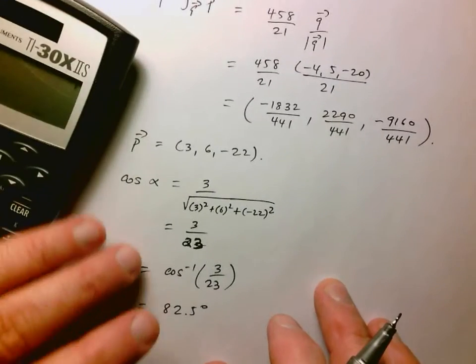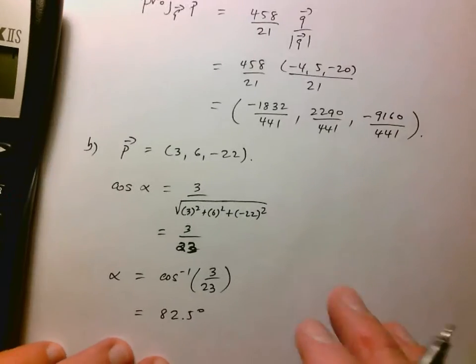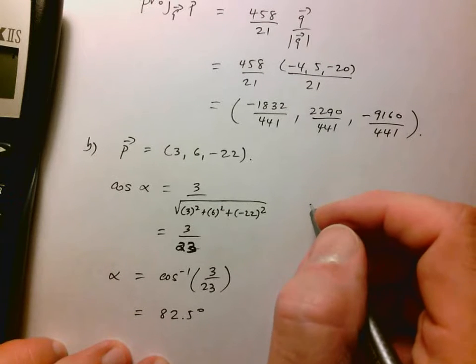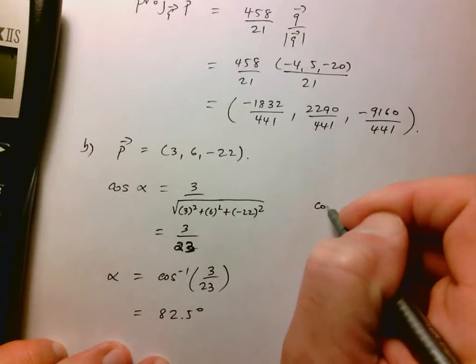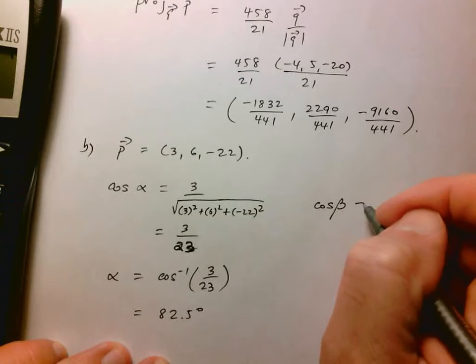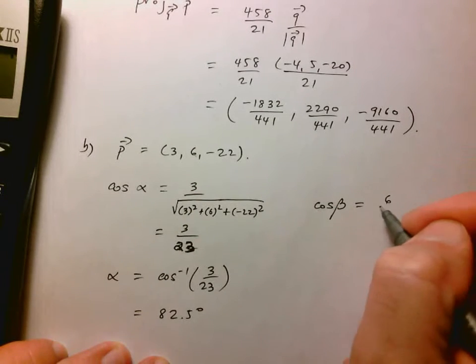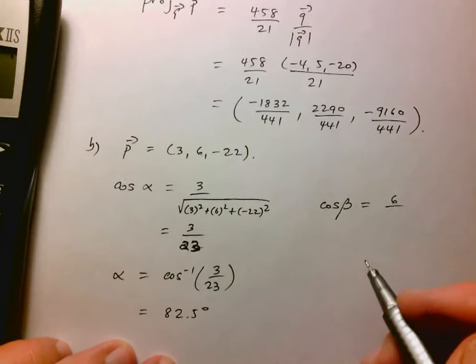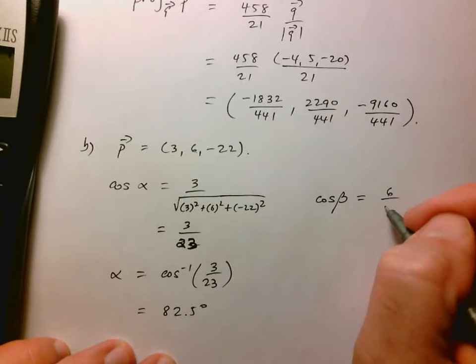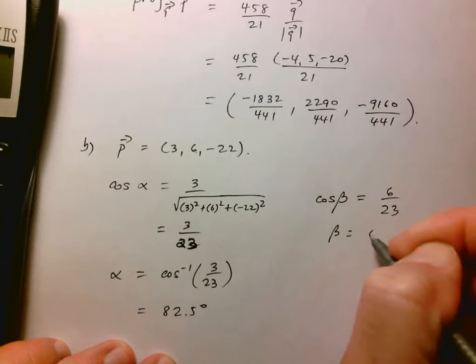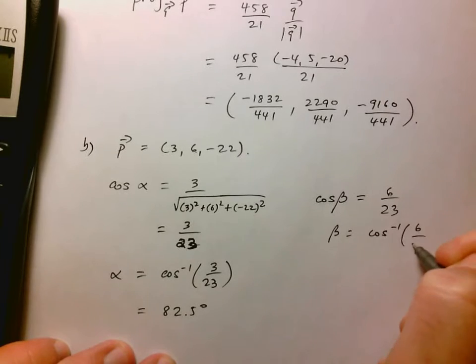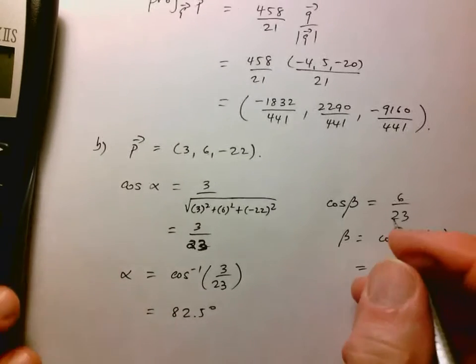Now similarly, we find the direction angles for the y-axis and the z-axis. Cos beta, to the y-axis, is the y component, 6, over the magnitude of the vector, which is again 23. So beta is cos inverse of 6 over 23.